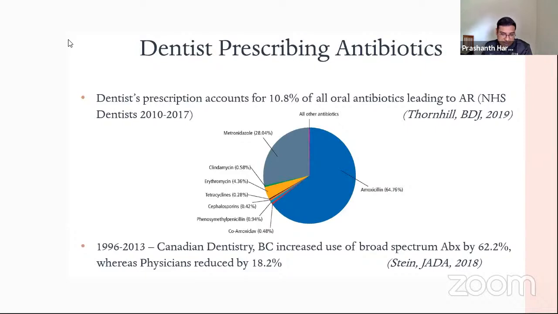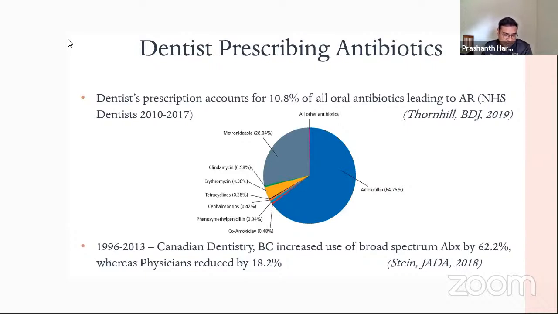The second major medication is metronidazole. In the US, it's a little bit on the other side. The predominant medication that we use for all dental procedures would be amoxicillin, and the second choice would be clindamycin, not metronidazole. So the data varies a little bit.